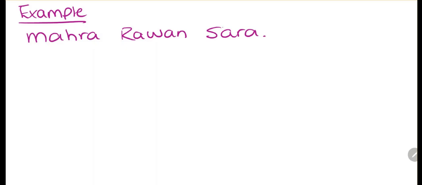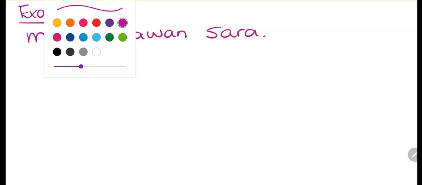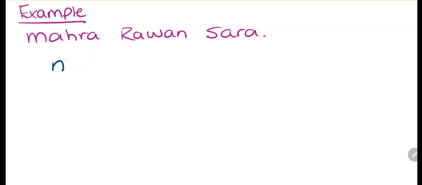They want to know the probability, if they put the letters of their names into a bag and pull them out, that it will spell in this order Mara, Rowan, and Sarah. The first thing we need to do is find out what n factorial will be, and then we'll have r1 factorial, r2 factorial, r3 factorial, etc.